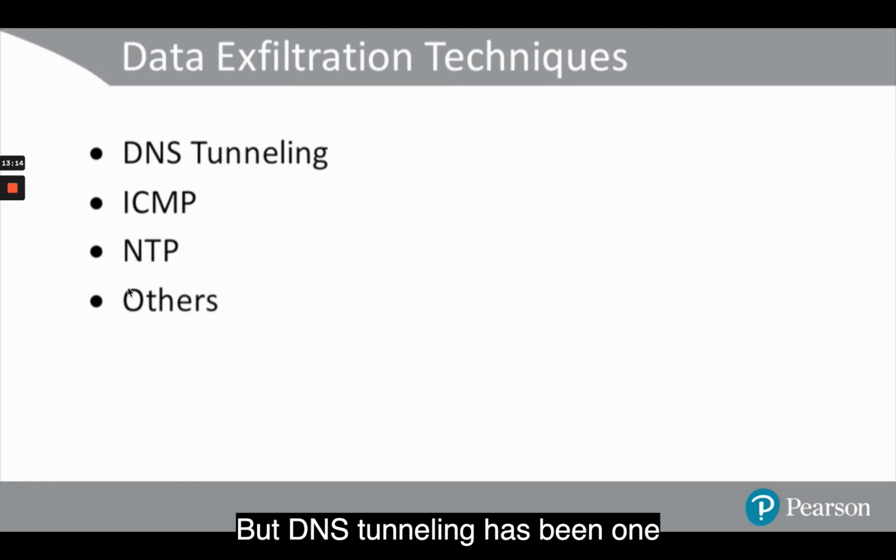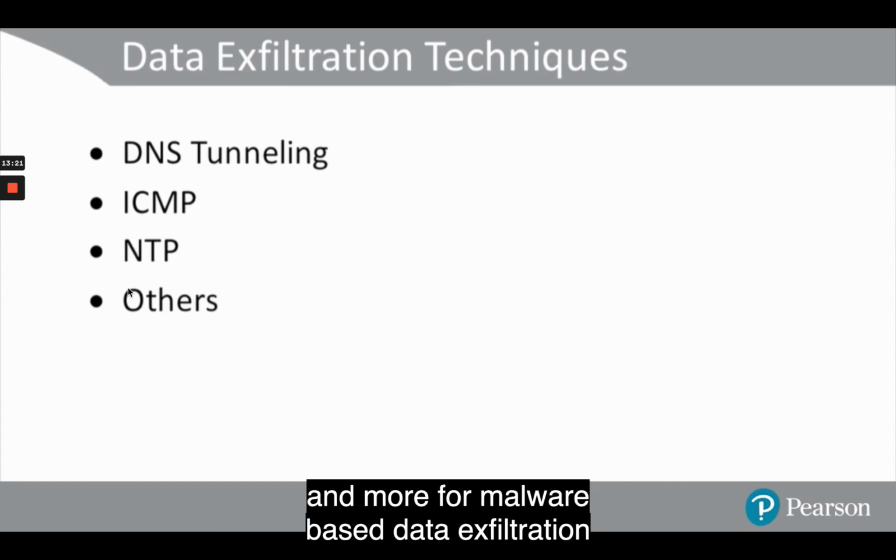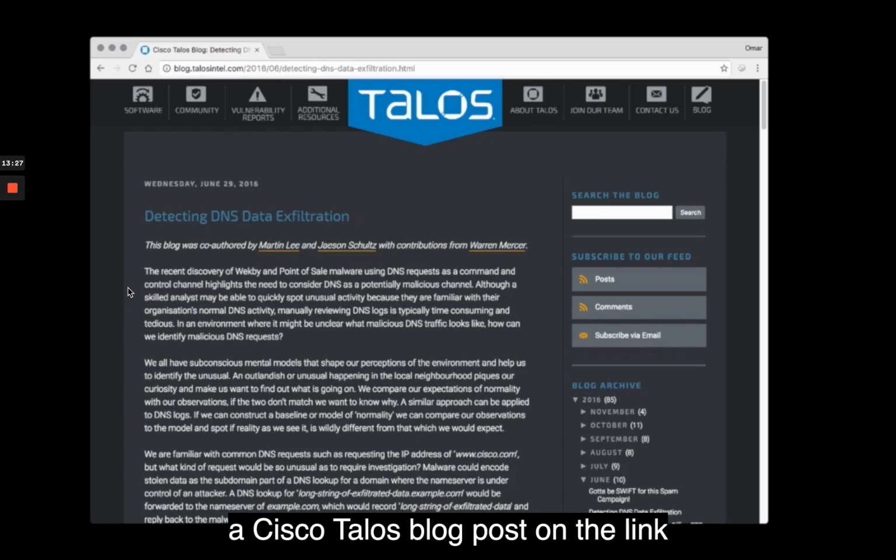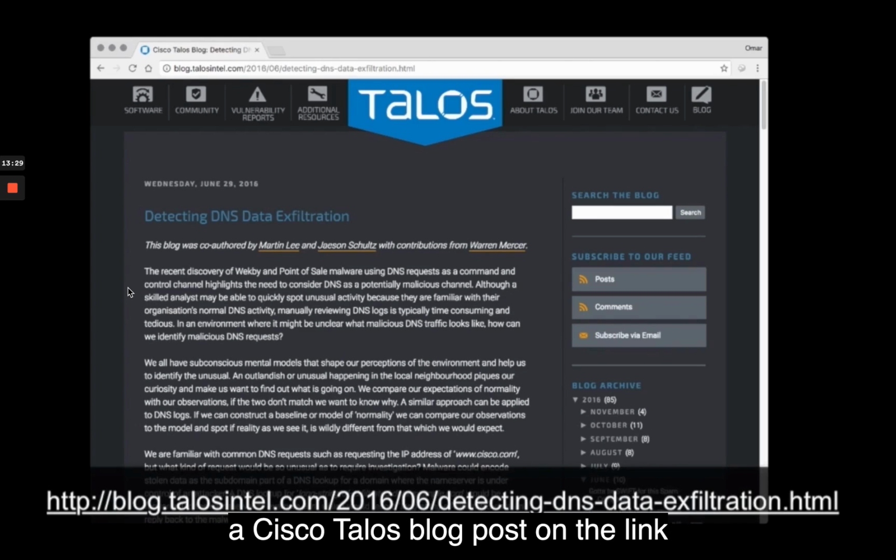But DNS tunneling has been one of the most commonly used nowadays. We're seeing it used more and more for malware-based data exfiltration out of enterprise networks. Here I'm including a Cisco Talos blog post link, which has a great example of data exfiltration and also how to detect some of these DNS data exfiltration techniques.